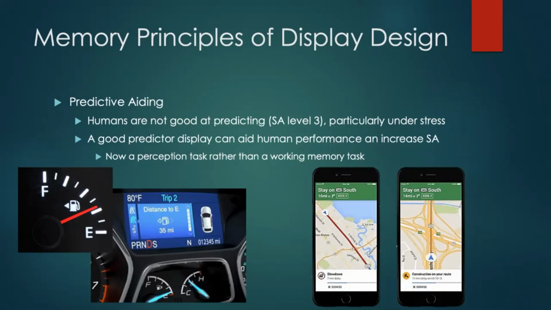You also want to be using this whole concept of predictive aiding. All right, so remember when we talked about situation awareness? Level 3 of SA is projecting into the future.